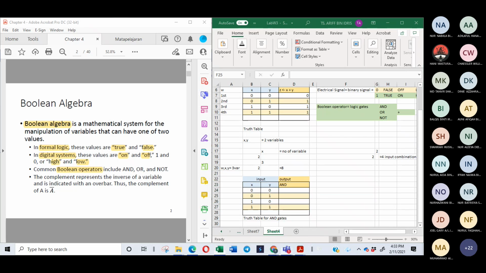So maybe by 4:34, I would like to have any one of you volunteer to share your answer. You may snap it or you can use Microsoft Excel as mine. So do it now by 4:35. We will see your answer.